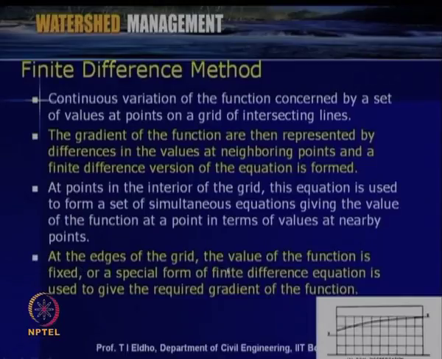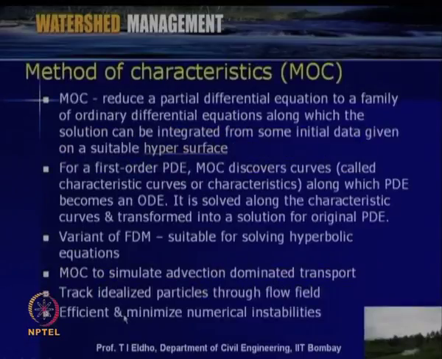At the edges of the grid, the value of the function is fixed, or a special form of finite difference equation is used to give the required gradient of the function. For example, if this is a free surface which we consider, this is one of the disadvantages in finite difference, but then we use certain special types of approximations to deal with this kind of irregular domain. So, that is about the finite difference method.